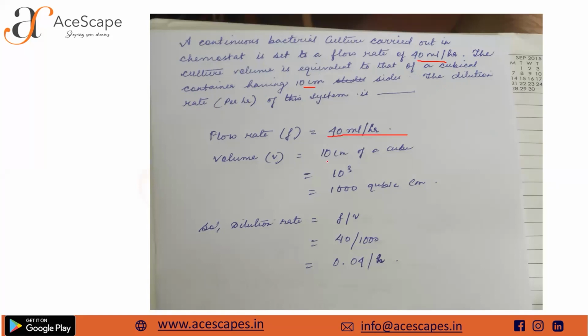Volume is also given, but in a slightly different way. It says the volume is equivalent to that of a cubical container of 10 centimeter size. So we have to find the volume: 10 cubed, we get 1000. And now the dilution rate, with the equation flow rate divided by volume, is 40 divided by 1000, which is 0.04 per hour.